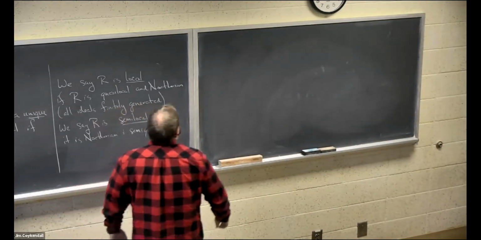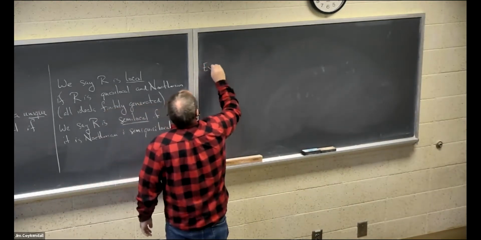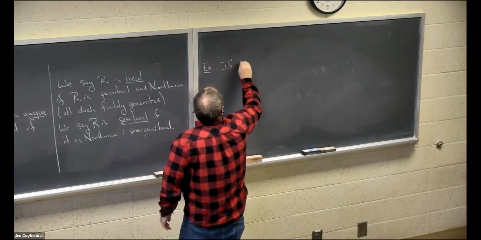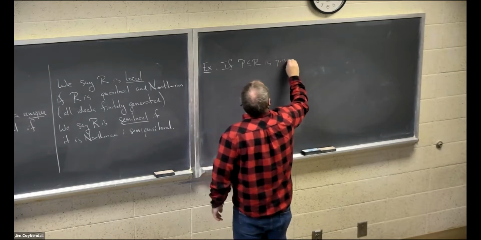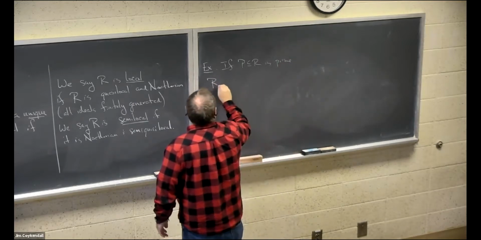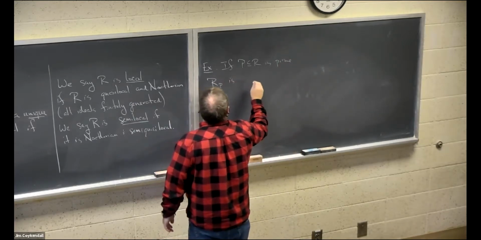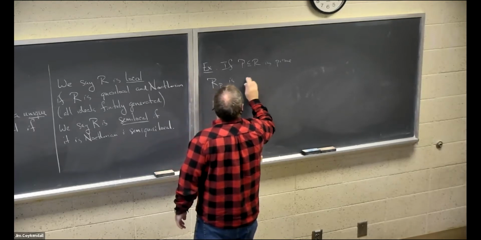So, for example, if P is a prime in R, then R localized at P is quasi-local.